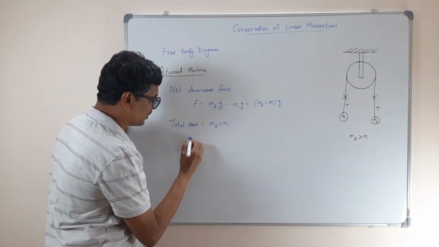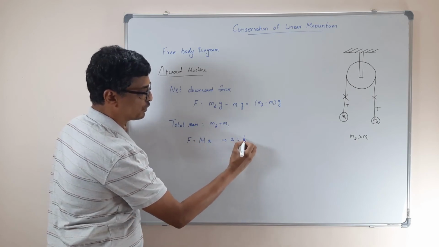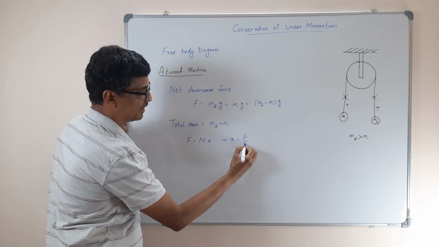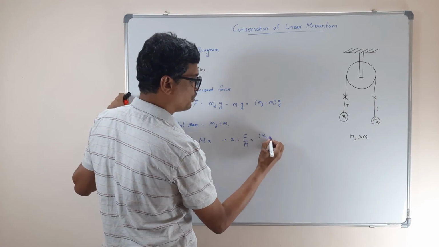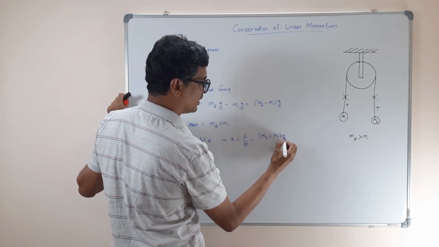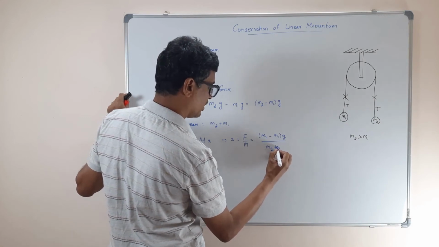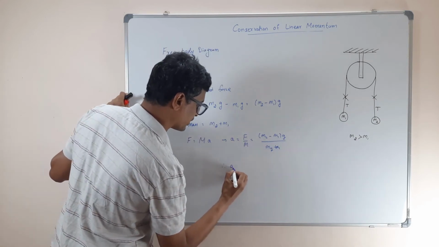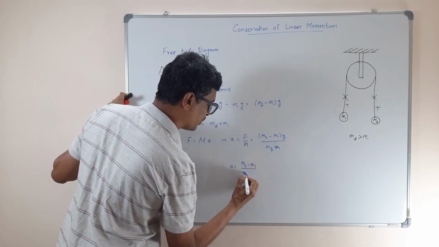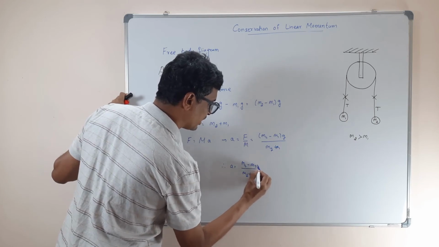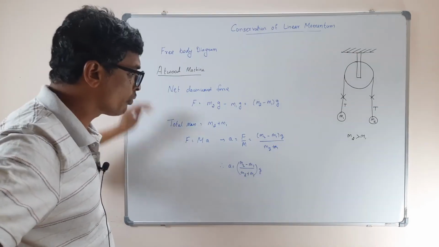So F will be equal to M into acceleration, or acceleration equals F by M. So F is equal to what? M2 minus M1 times G divided by M2 plus M1. Therefore acceleration equals M2 minus M1 divided by M2 plus M1 times G. Okay, so this is the acceleration.